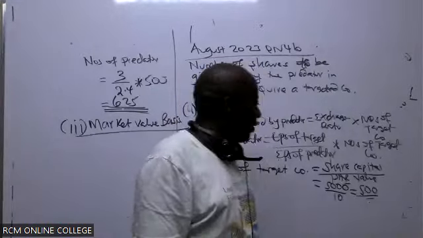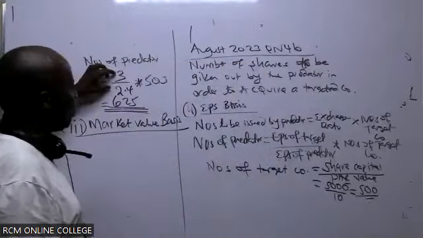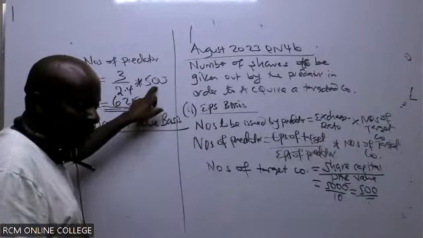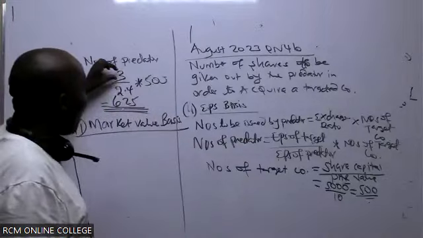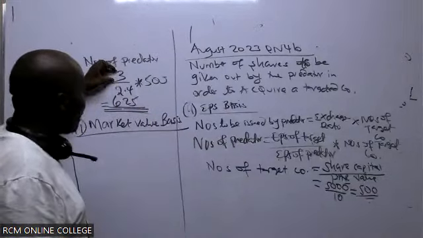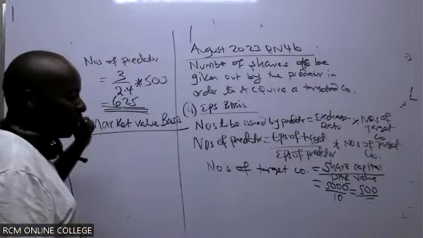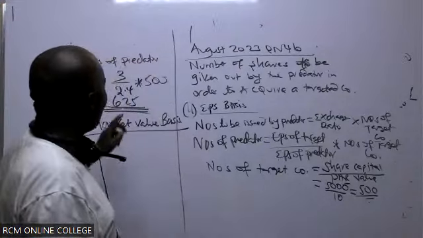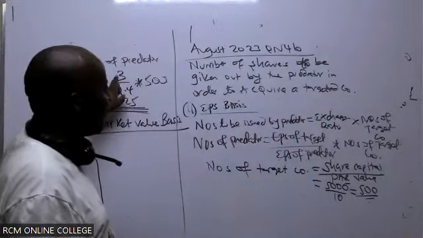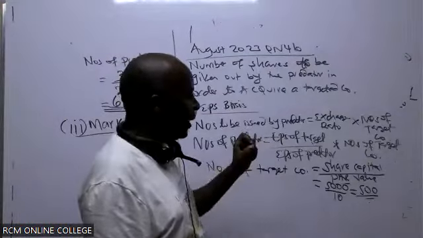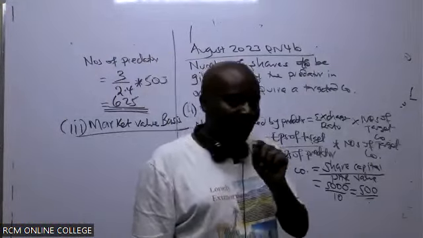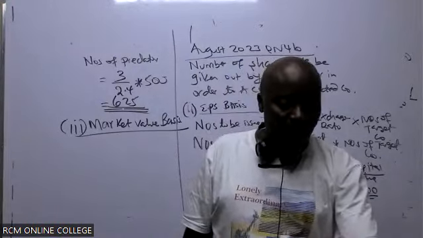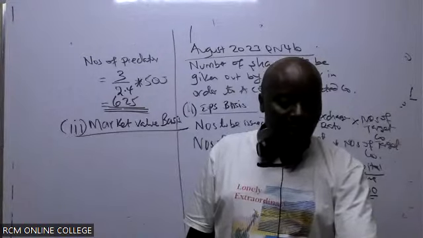How are you getting 625? Do you have these values? 3 over 2.4 times 500. Nancy, thank you for asking that question. I don't know whether you were able to see how we got these 3. Because if you have these 3 and you have this 2.4 times 500, you'll get this 625. This is the EPS of the target company, and Bero is the target company. If you look at the additional information, in the second table you'll be able to see the current earnings per share.